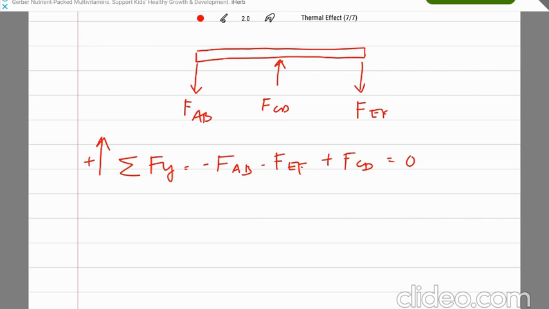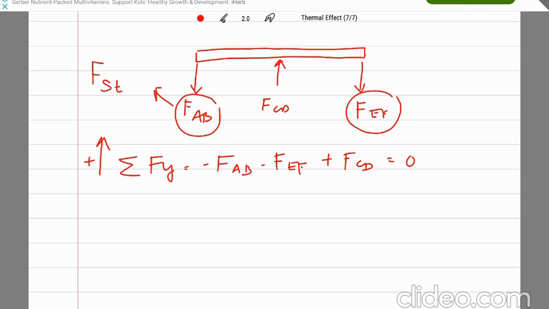Okay, so by looking at the problem, or by observation, we know that FAB is actually equal to FEF. So we assign this as FSD. Okay, SD is for steel, since both are steel, so we can write it as FSD.